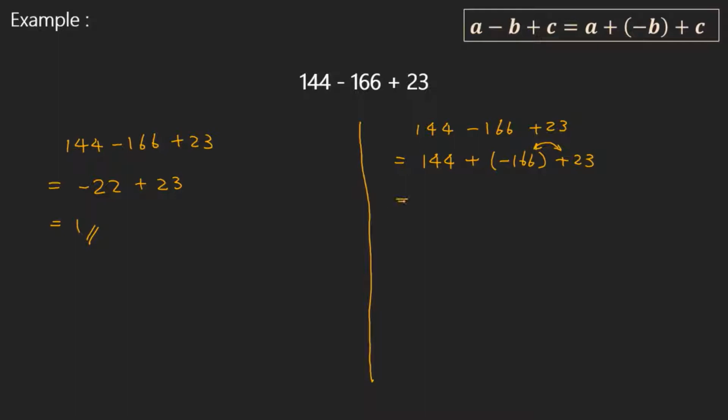So it becomes 144 plus 23 plus a negative 166. This gives me 167. Now plus negative 166 is the same as minus 166, and the answer is 1. So the result is the same on both sides.